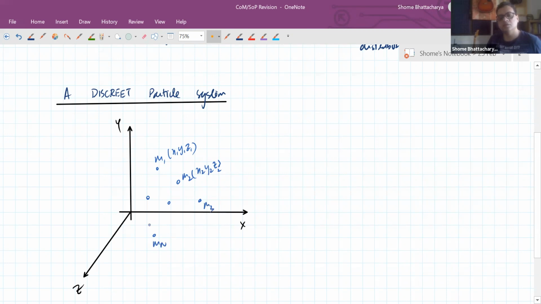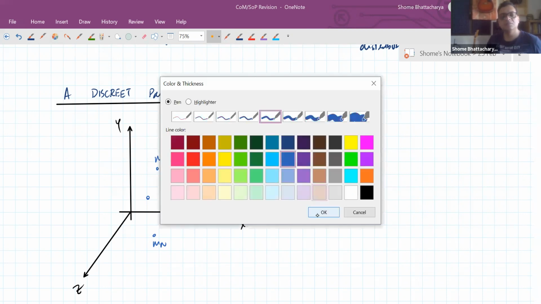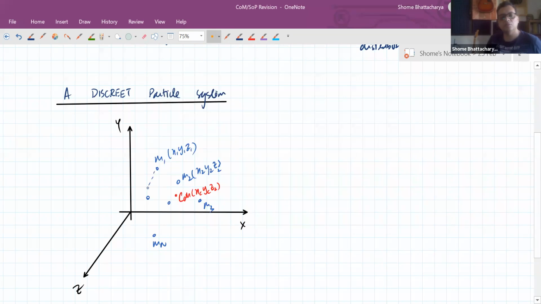Then the center of mass of this system will be somewhere such that the mass of the entire system is symmetrically distributed with respect to the position of the center of mass. So the position of the center of mass is given by this relation.